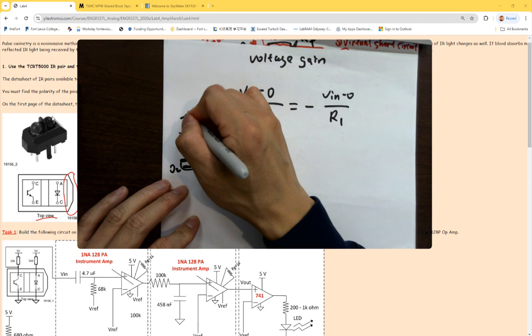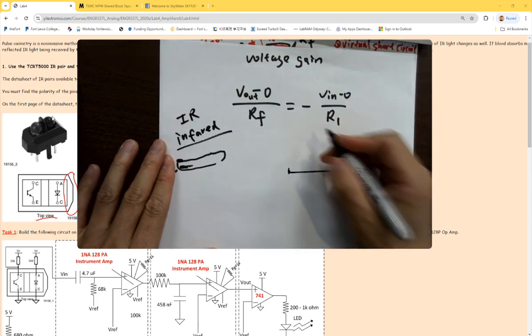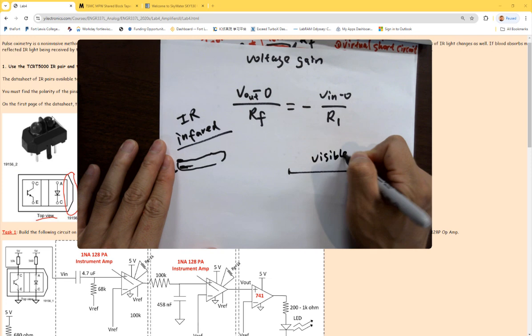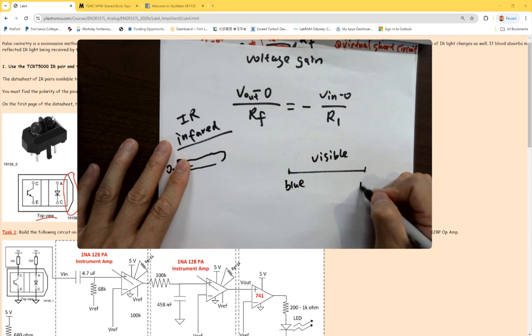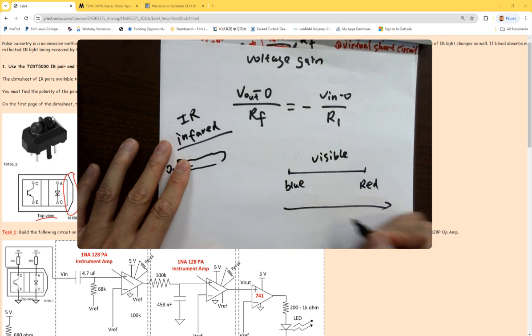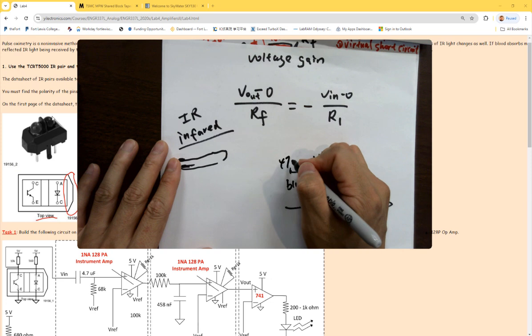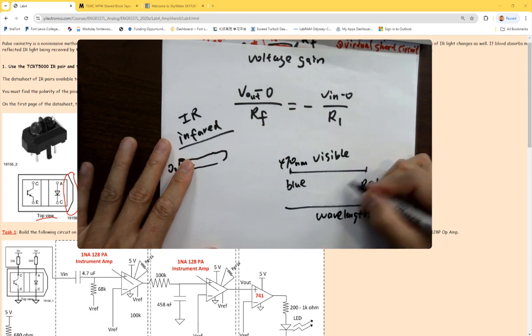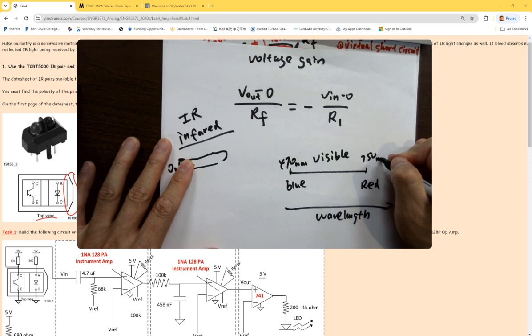Have you heard about IR? Alright, so the visible spectrum: you can see all the colors from blue to red, and that's wavelengths. This is usually like 470 nanometers as a wavelength of the light, and this is somewhere around 750 nanometers.